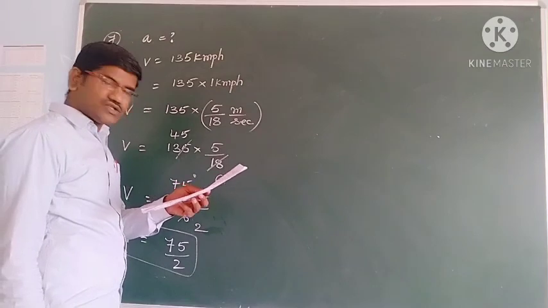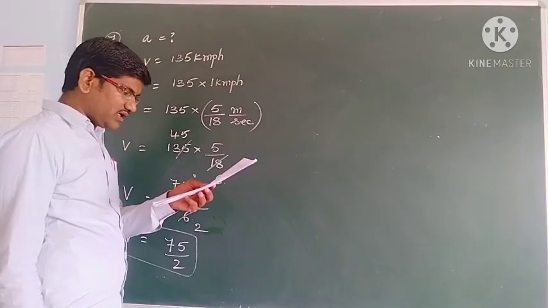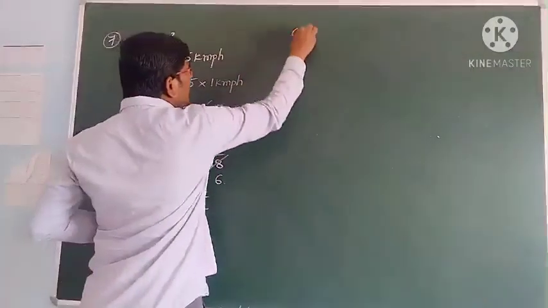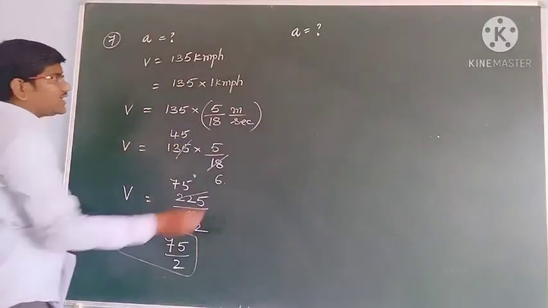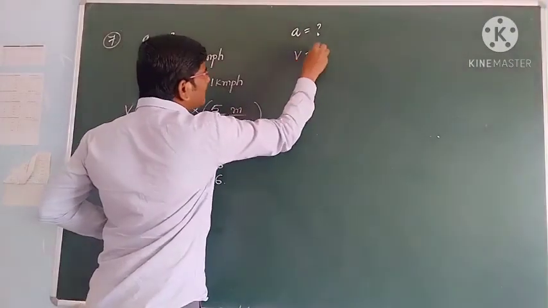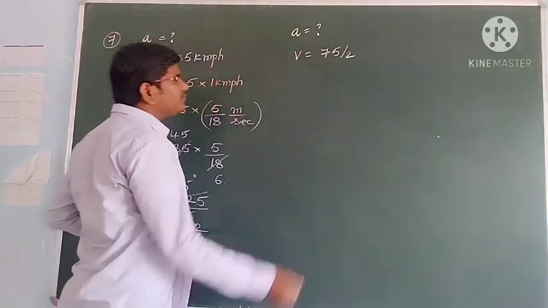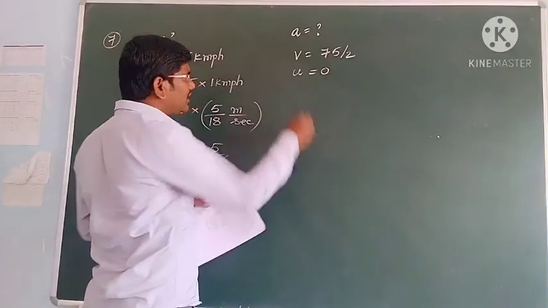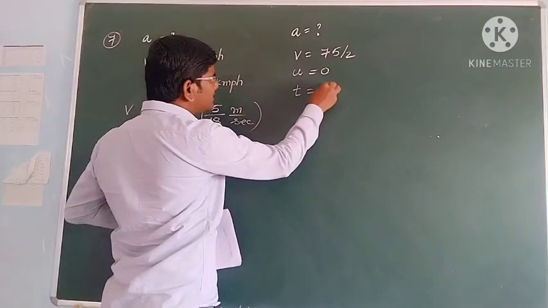Find the acceleration of the cheetah if it acquires 135 kmph within the time of 2 seconds. So we need to find acceleration, students. And the final velocity we got, 75 by 2, from the start, in the time of 2 seconds they have given.